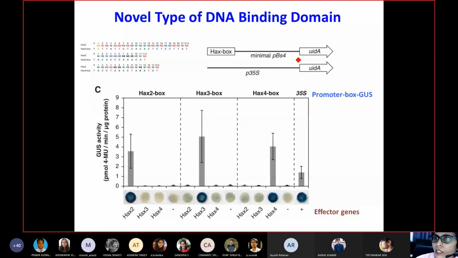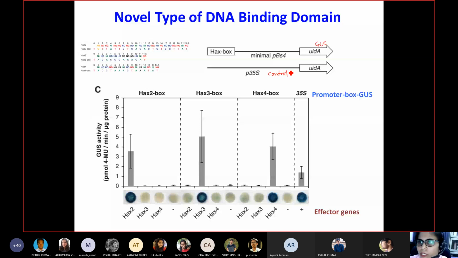Here you have a minimal promoter region, and on top of that you have cloned the hex box, and downstream you have glucuronidase, again a GUS experiment, and then this is the control where you have 35S as a control.